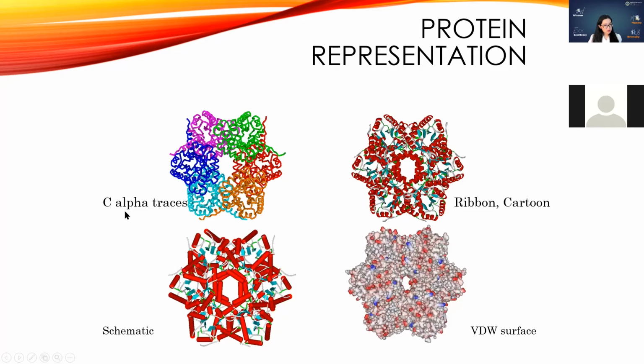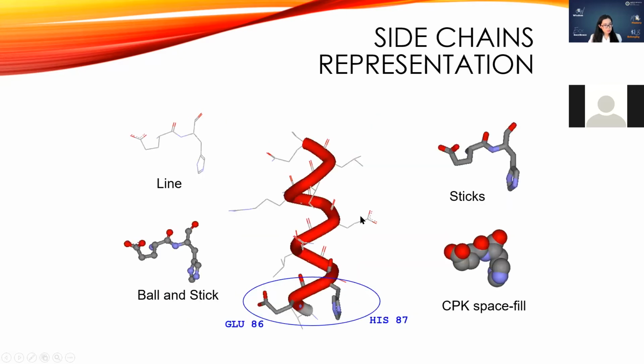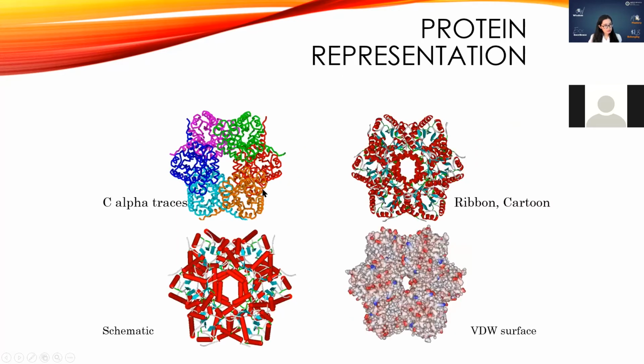So there is C alpha trace, ribbon, schematic, van der Waals surface. So previously, this is just one helix. If you have so many helices like this, and this is the protein instead of just one alpha helix representation. So for protein representation, if you use C alpha trace and use one color per unit, you will have like this one, 6 structures.